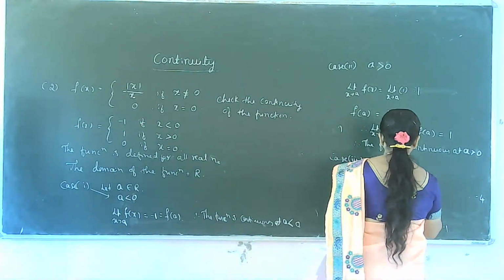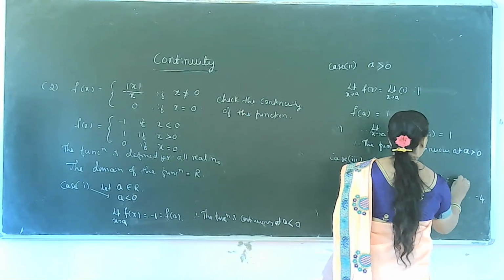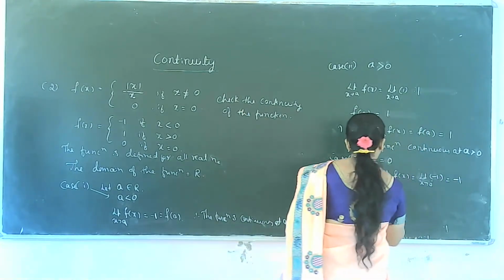Here it's minus 1. Limit of x tends to 0 minus is equal to minus 1.